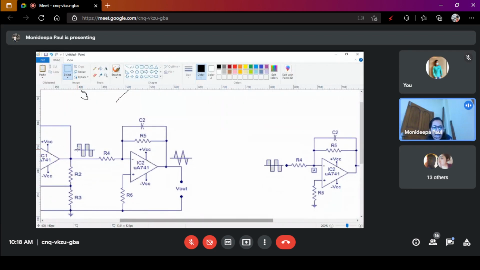That means if T is equal to T1, the positive voltage suddenly drops from the positive peak to the negative peak. In between these peaks, we can't get anything. That means this happens within nanoseconds.